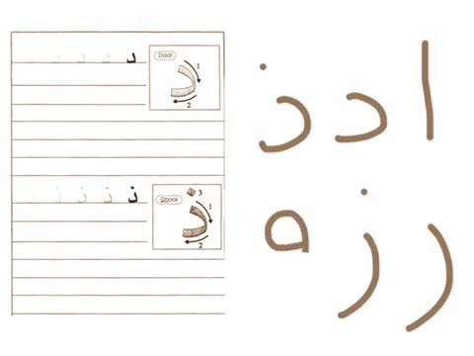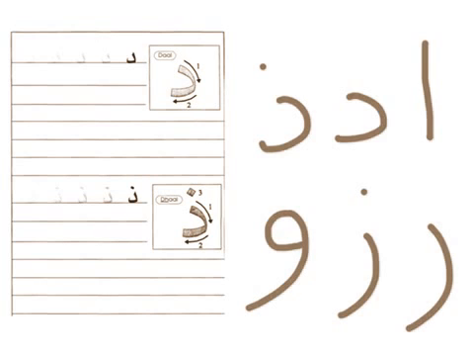Aleph, Dal, Thal, Ra, Zay, and Waw. Anytime you have one of these letters, it can be preceded with something, but anything that follows it, you have to leave a space, which means that sometimes you'll see a space in the middle of a word.